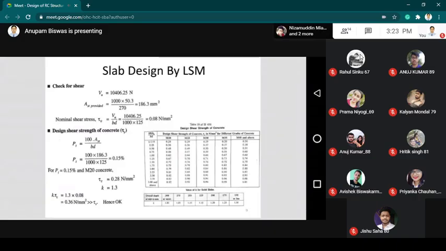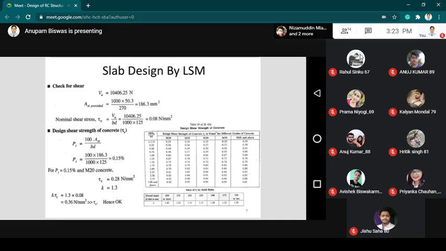Now from the next table, we obtain the value of k for the overall depth of the slab, that is 150 or less. For this condition, the value of small k is coming 1.3. Now we have to multiply k into tau c.